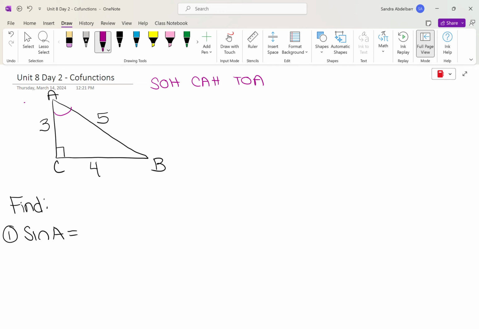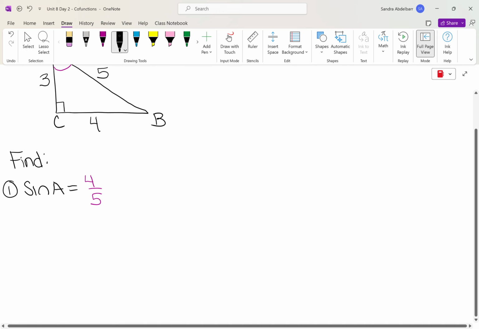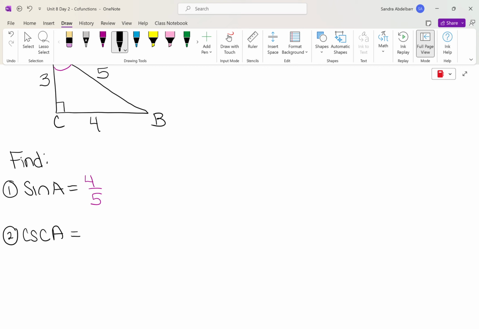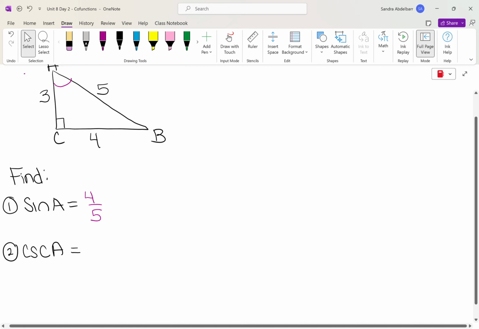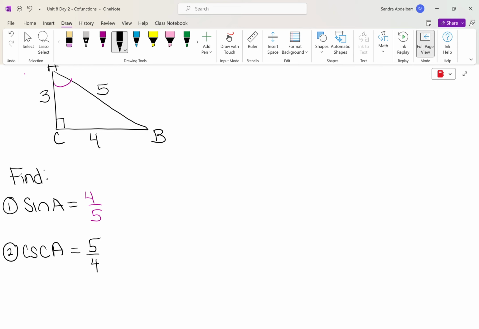All right, so we're going to do everything in reference to angle A first. So sine of angle A, remember SOHCAHTOA, we're going to have opposite over hypotenuse. That is 4/5. You got it. Now we're going to find cosecant angle A. Cosecant angle A, we're just flipping the sine, so it's going to be 5/4.